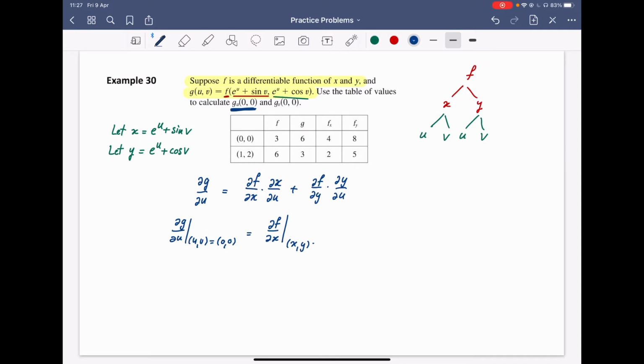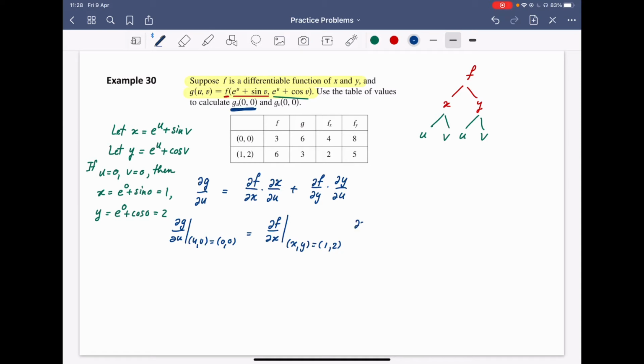If u equals 0 and v equals 0, then x is e to the 0 plus sin 0, which is 1, and y is e to the 0 plus cosine 0, which is 2. So when (u, v) equals (0, 0), (x, y) is going to be (1, 2).